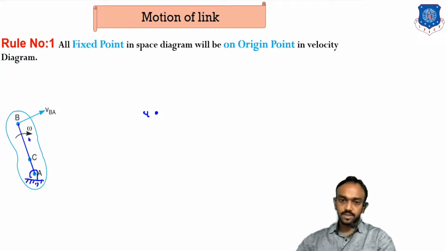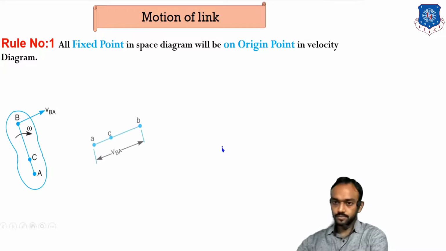In our case, there is this link, and the velocity will be perpendicular to the link. So we will draw the diagram here, and the direction will be perpendicular to the link. So direction will be this, and we will locate b here.